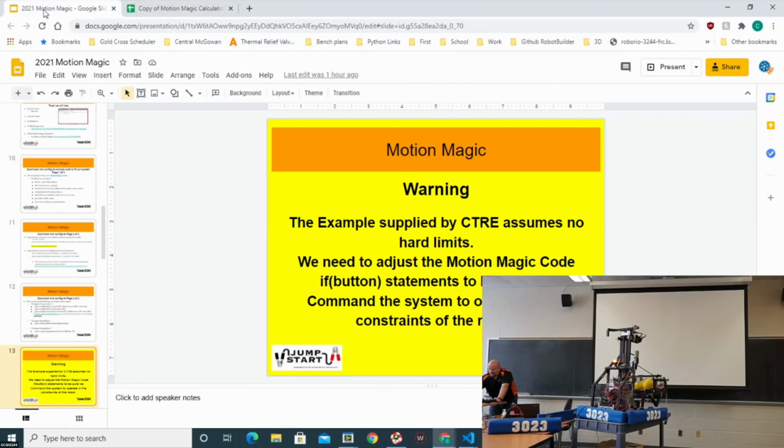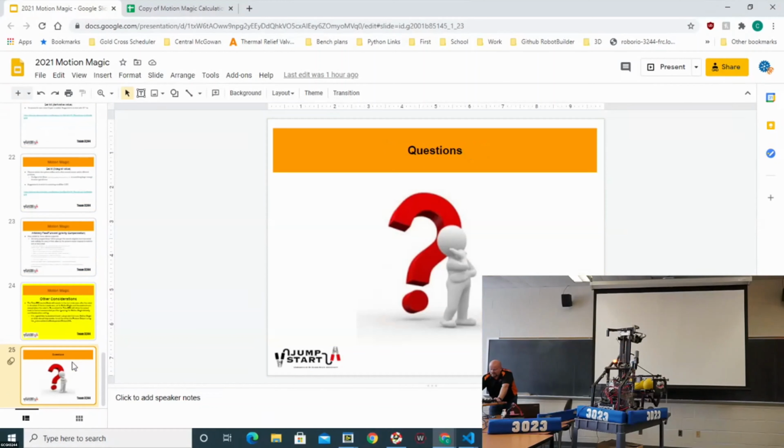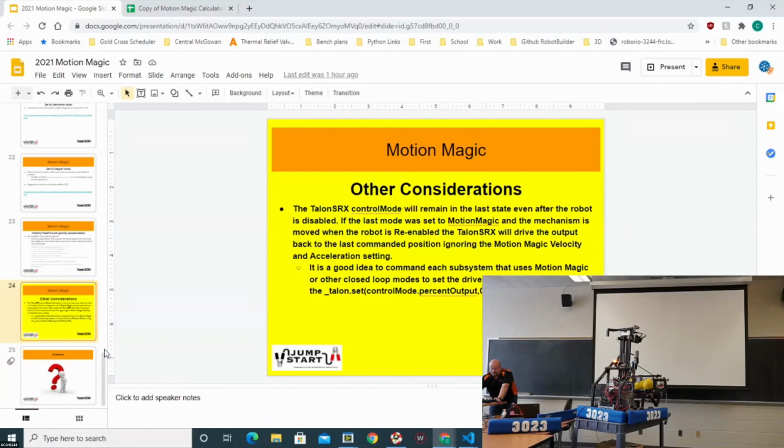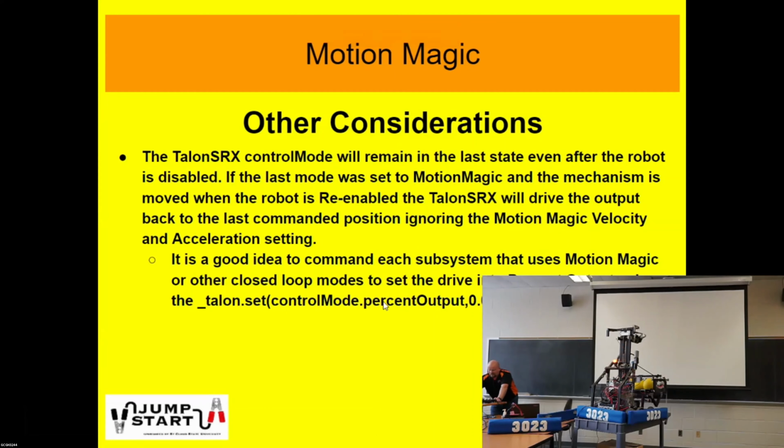Those links also link to all these slides as that's downloading here, all the different steps and things we talked about. This is kind of what we're talking about right now: the Talon SRX control mode will remain in the last state, robot disabled. So you want to make sure you call that control mode percent output and set it to 0.